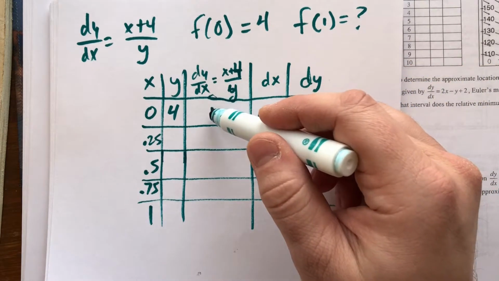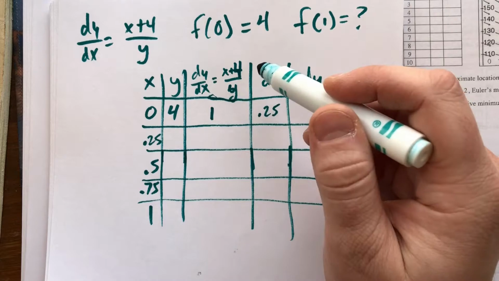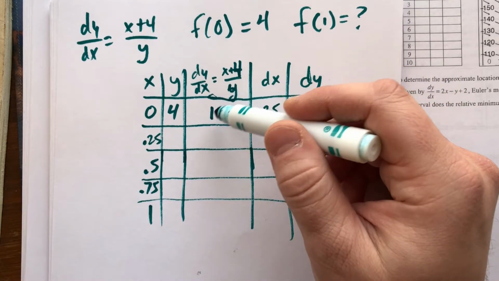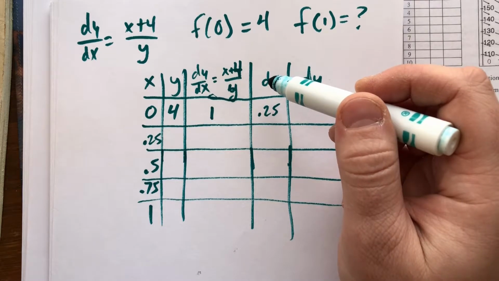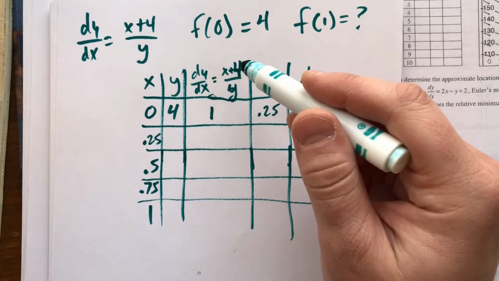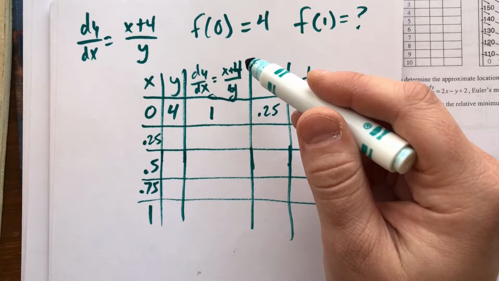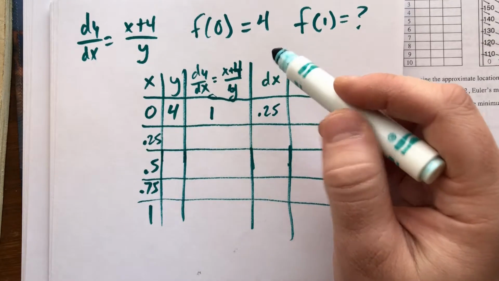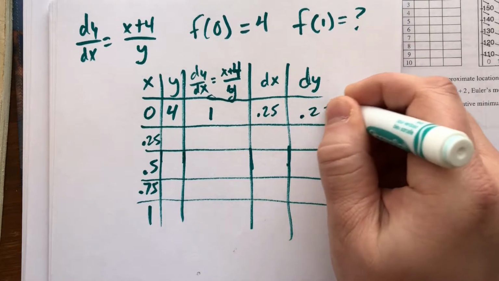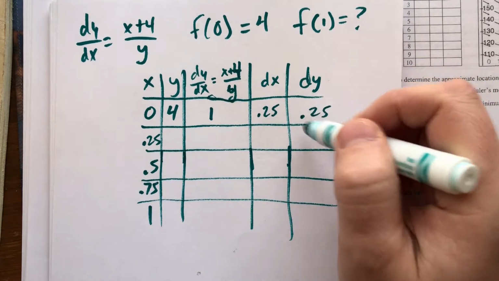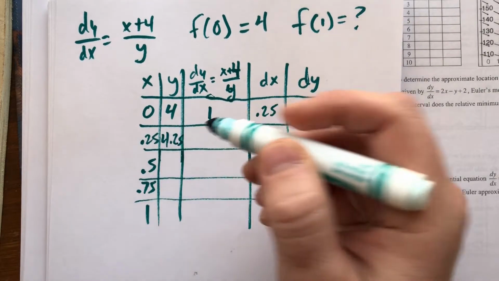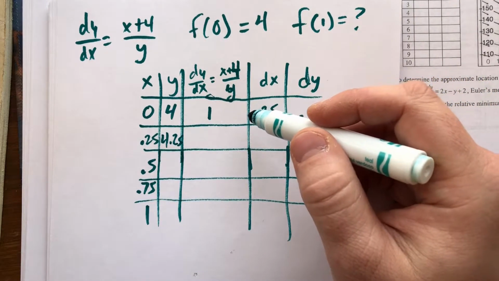So that means that dy is, and so we always take our dy/dx, our slope, times dx to find out what dy is. So it's 0.25. So my change in y is 0.25. So that makes my new y 4.25.